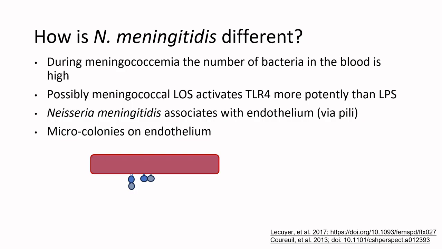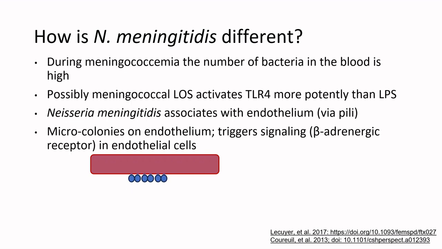This one I have to say is purely my own speculation, but I think it's something that makes sense, where really this diplococcal phenotype could help with forming colonies on the inside of capillaries.